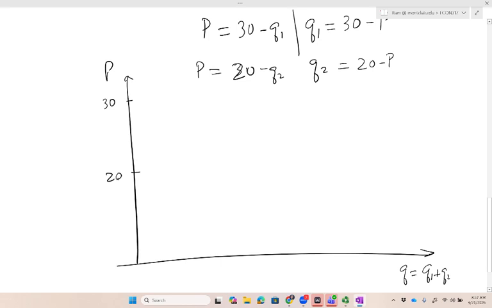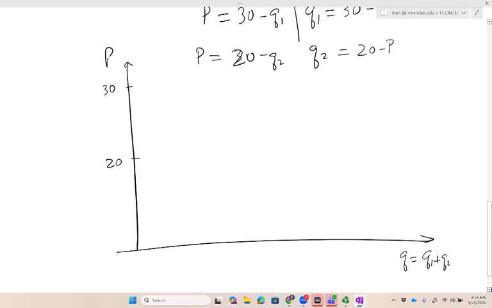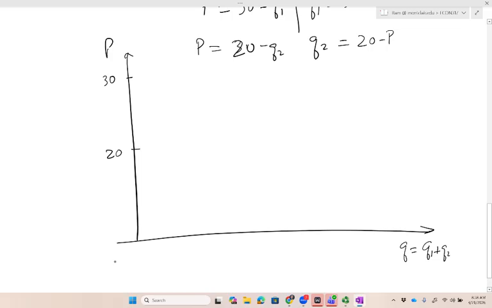So close to $30, buyer 1 buys nothing. But as price reaches $20, buyer 1 is able to buy 10 units of output. At price equal to 30, I know Q1 is 30 minus 30, 0.